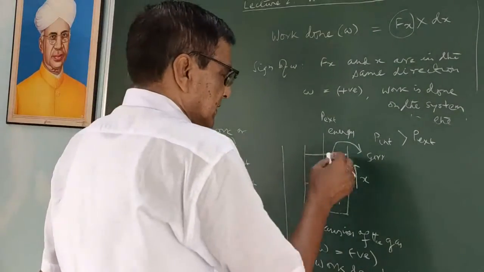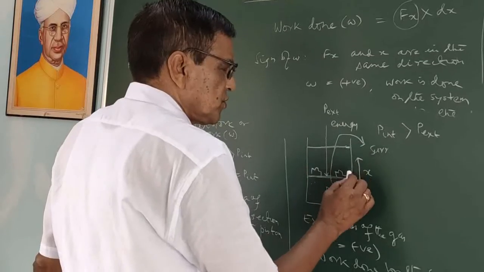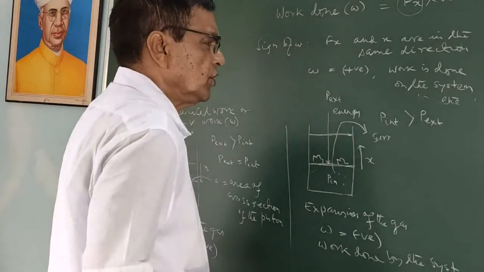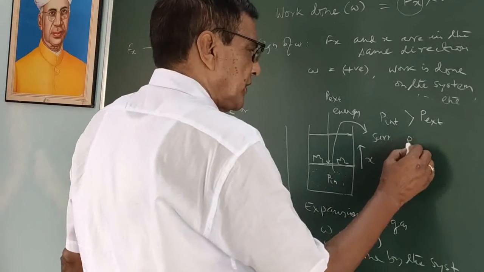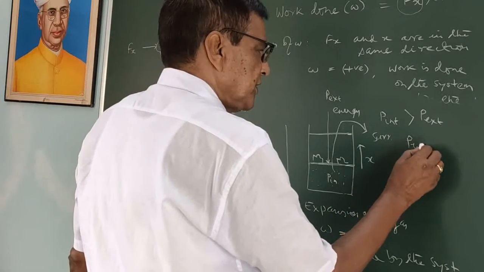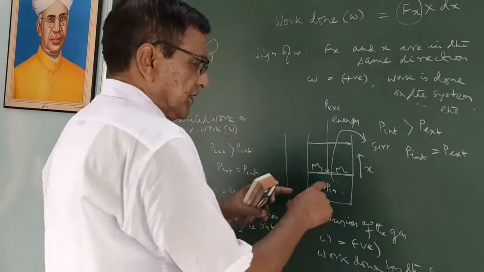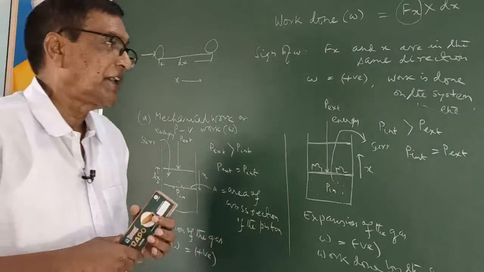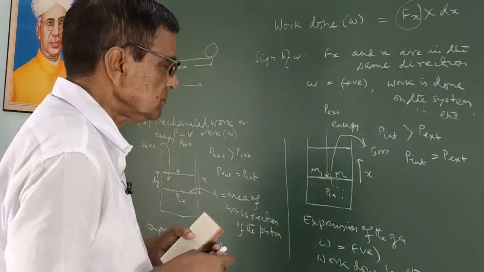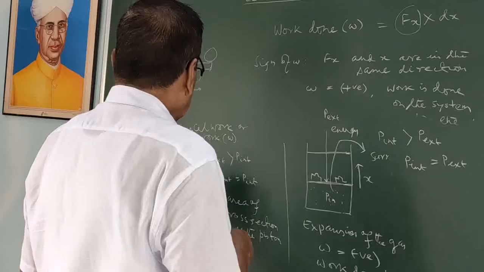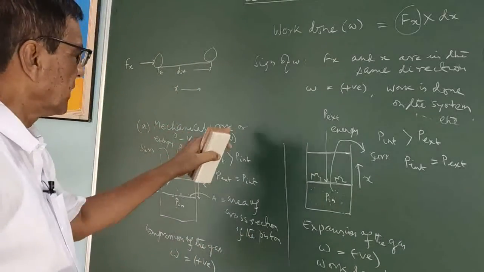And you know, this movement of the piston will continue. Expansion will continue so long as P internal is not equal to P external, until the system attains mechanical equilibrium. So this is all about mechanical work.